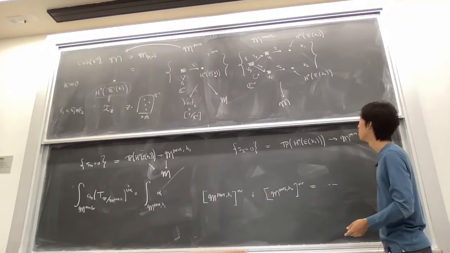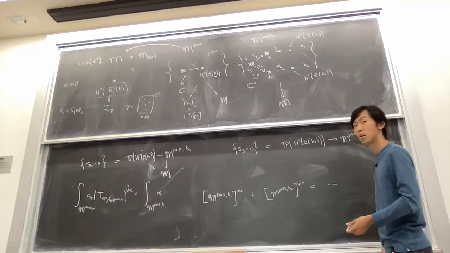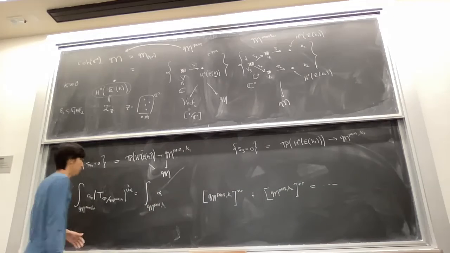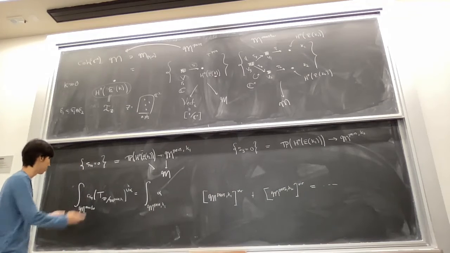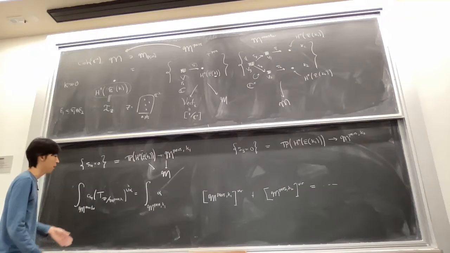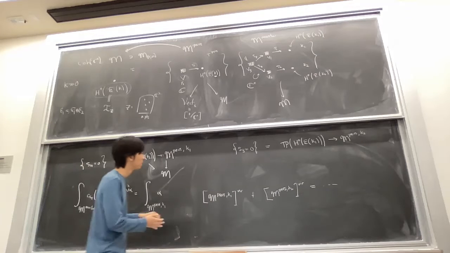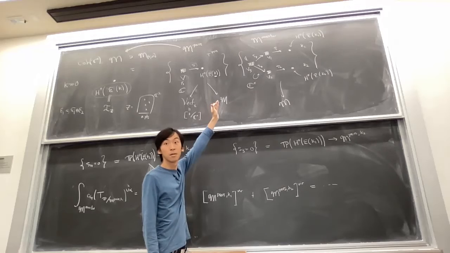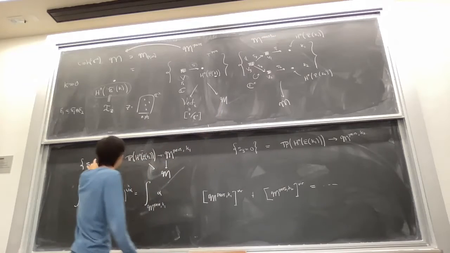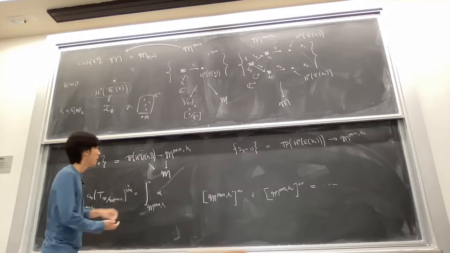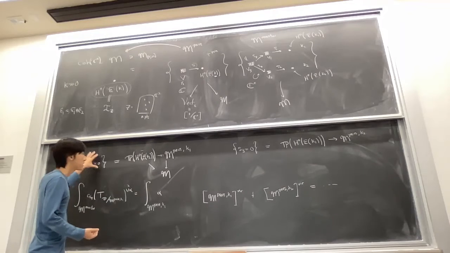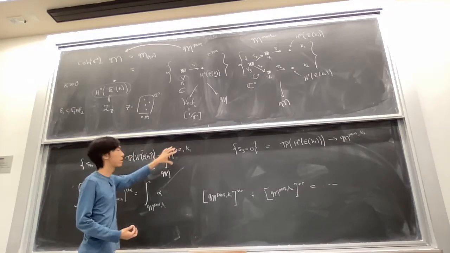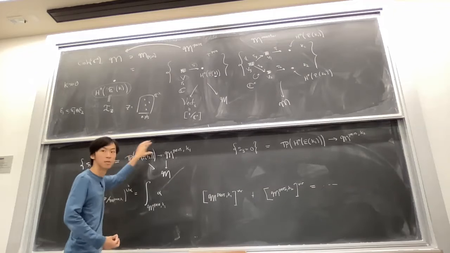Sorry, what's alpha? Yeah, maybe this is not the best analogy. All I mean is that you have some virtual cycle for M master. It restricts to each of these fixed loci. And when you do that restriction, you get basically the virtual cycle here with some contribution of the normal bundle.